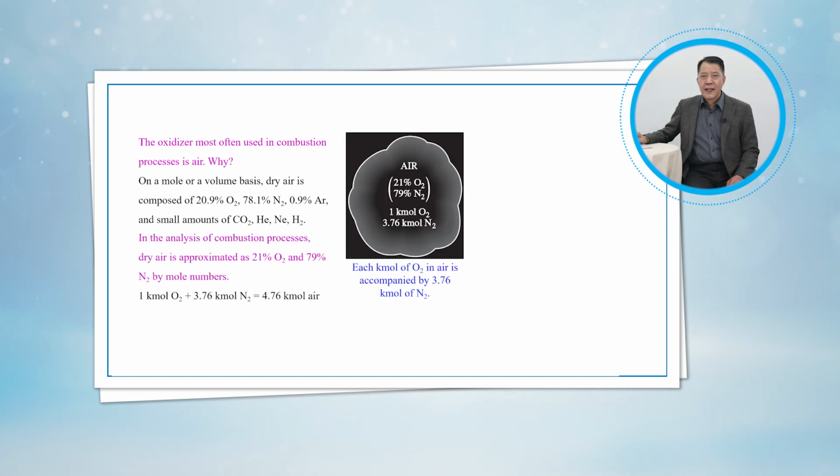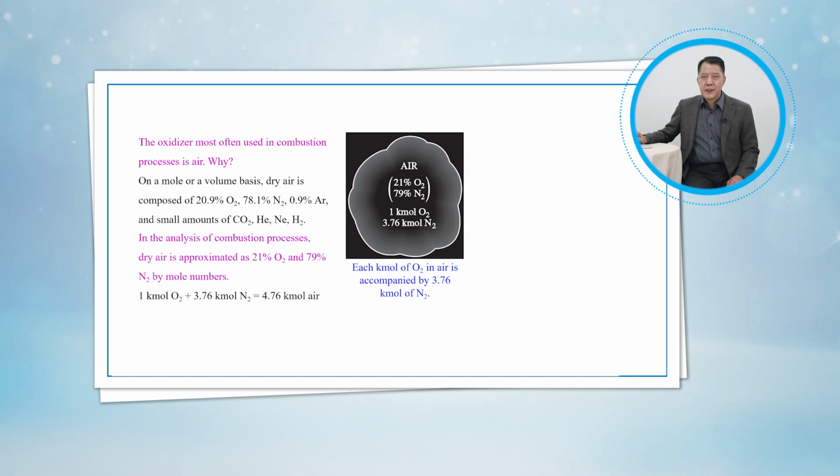In the analysis of combustion processes, the argon in the air is treated as nitrogen, and the gases that exist in trace amounts are disregarded. Then dry air can be approximated as 21% oxygen and 79% nitrogen by mole numbers.